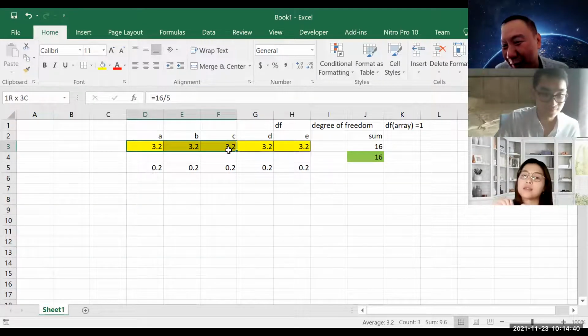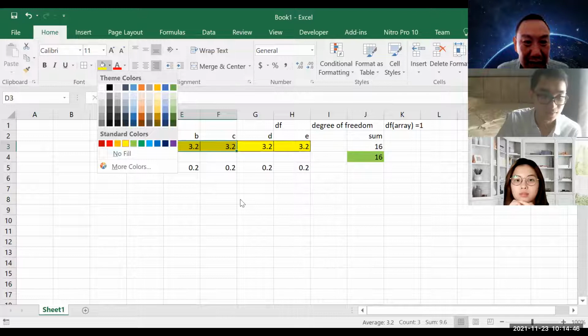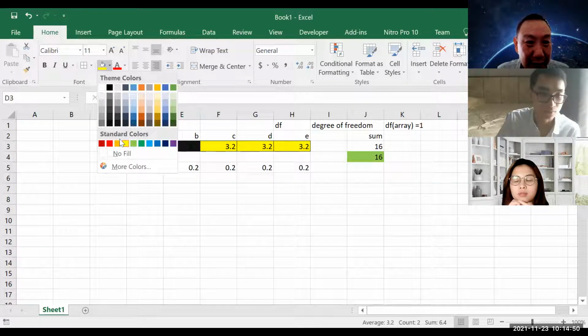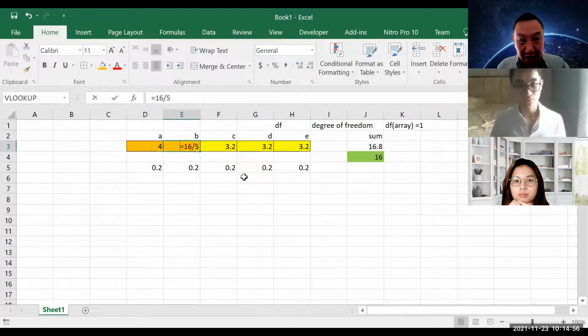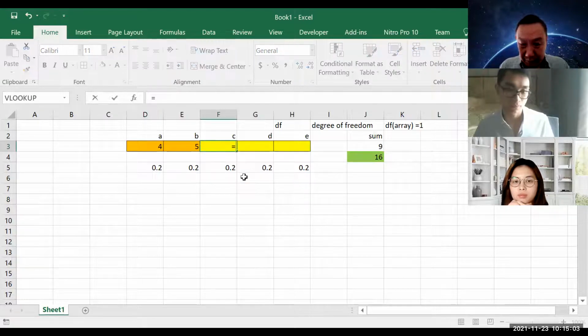How many missing values do you want? 2, 3, or all? 3 maybe. Okay, let's make 3. So that means you know 2, right? Let's make this 2 given, and this is 4 and 5. And we know this must be 16 minus 9, divided by 3, right?